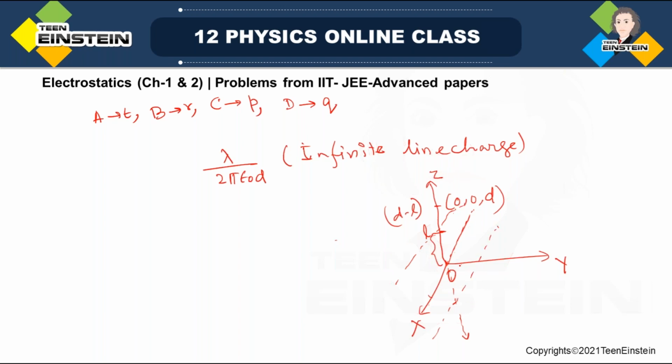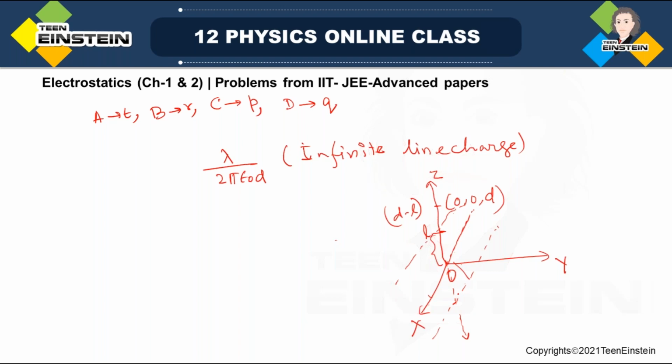So if this is D from the origin, this is L distance away, and this is also L distance away on either side.